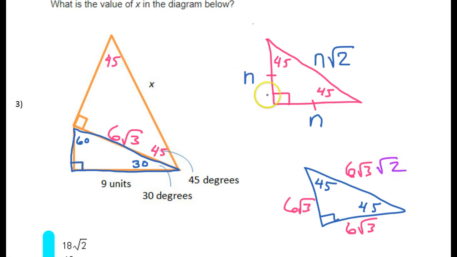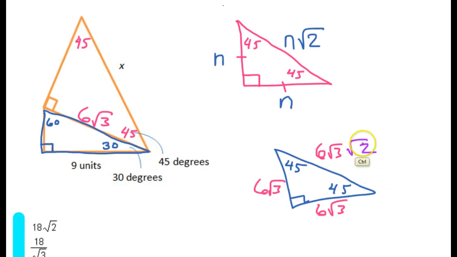See how it goes n, n, n radical 2? Same thing: 6 radical 3, 6 radical 3, 6 radical 3 radical 2. So the question is, what is this? If you put this together, this will be 6 times radical 6. I'm just multiplying these two. So this is 6 radical 6. We were trying to find this hypotenuse, and it turned out to be 6 radical 6.